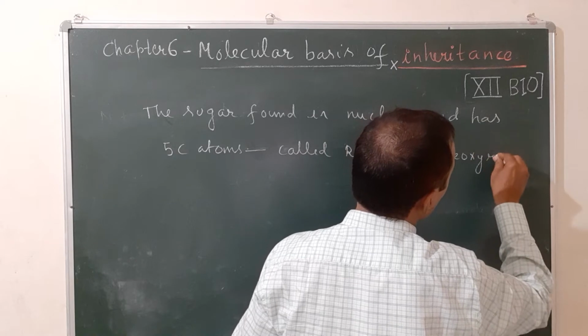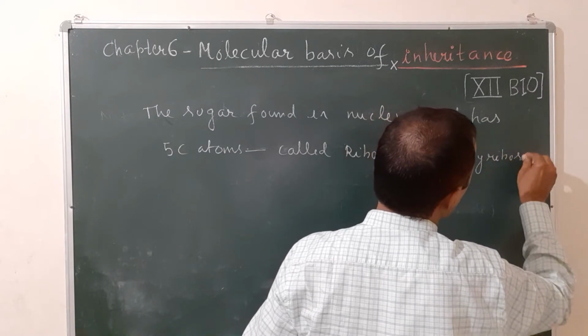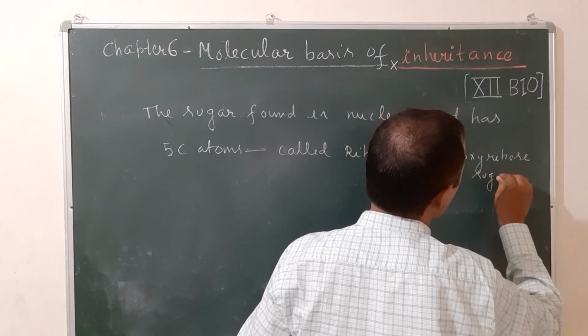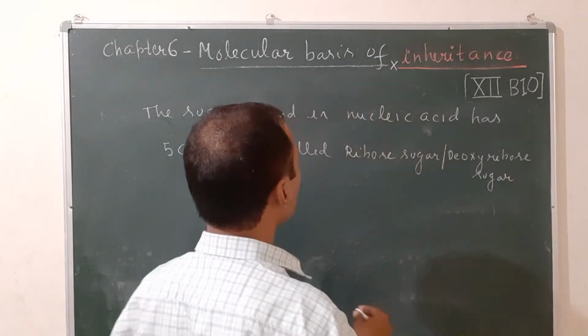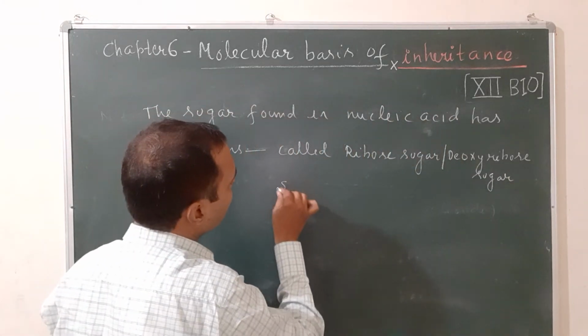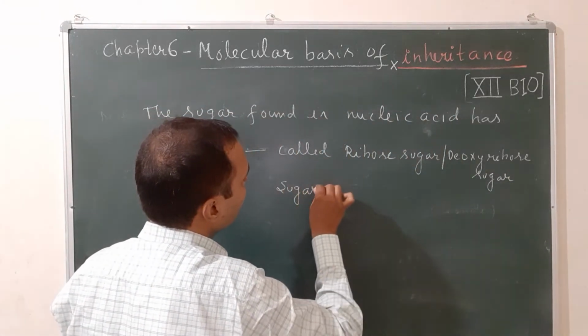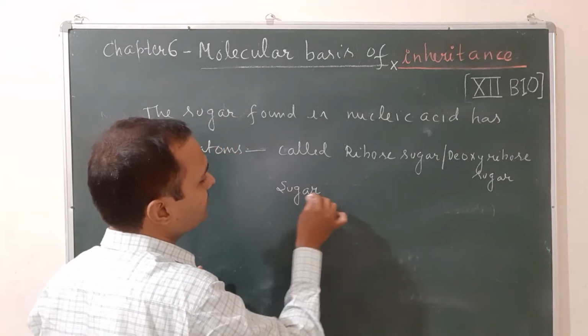So you can say there are two types of sugars found in nucleic acids.